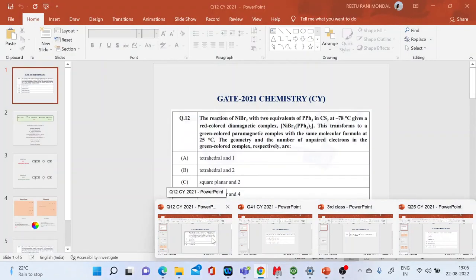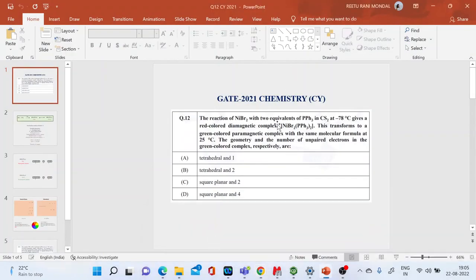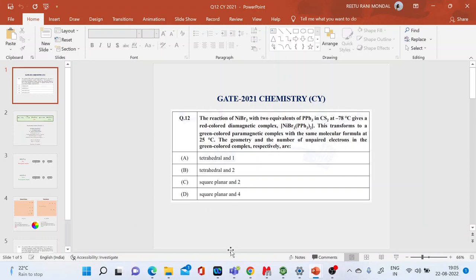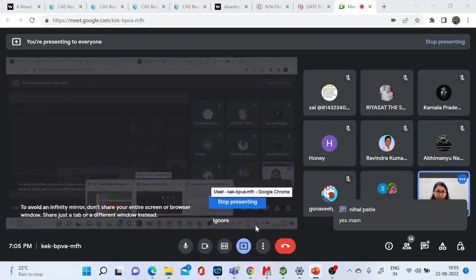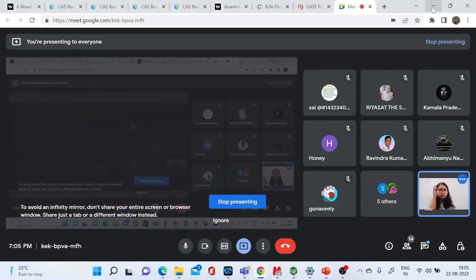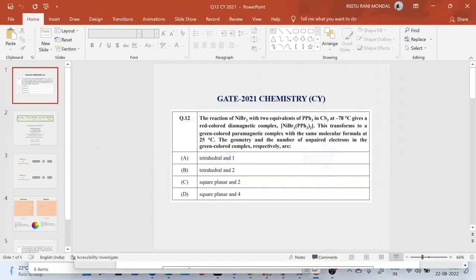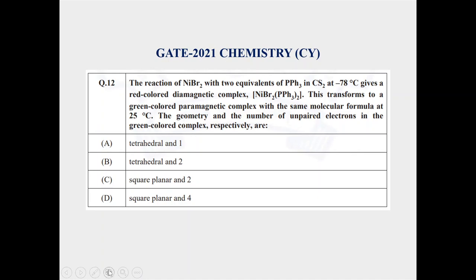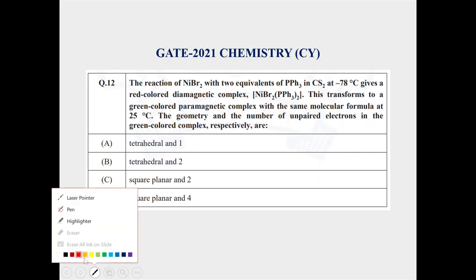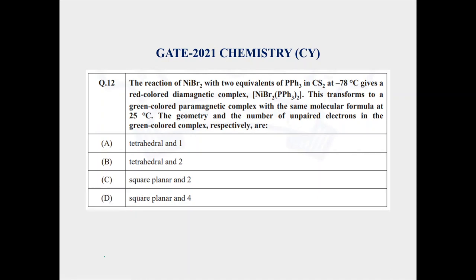Today we will start with question number 12, which came in GATE 2021 chemistry paper.